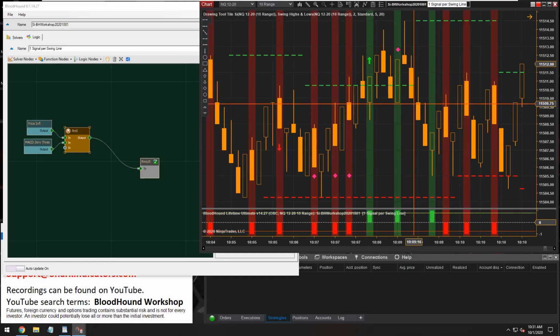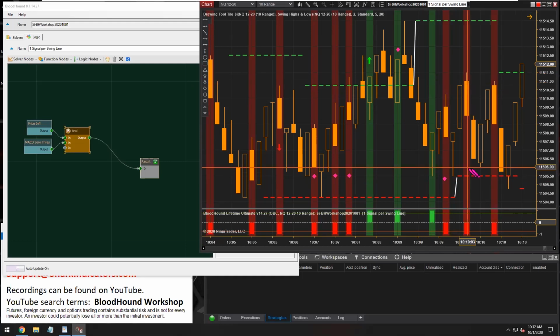And depending on our situation here, this long signal might get through because we do have a new swing high. Like so. And then going back to our swing lows, there's a new swing low, a higher low. And so that short signal would be blocked as well.